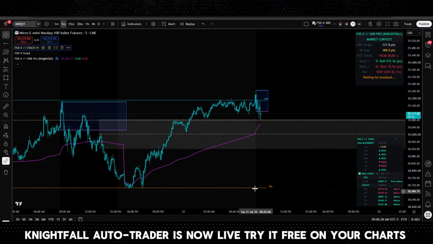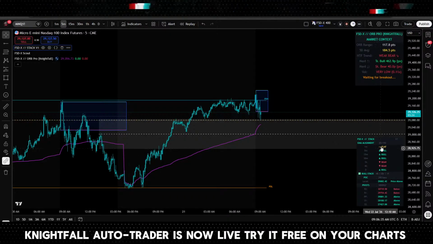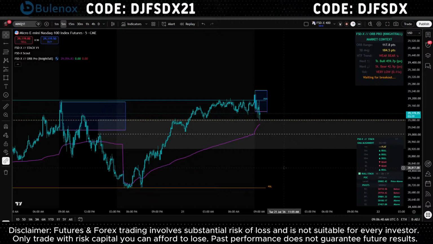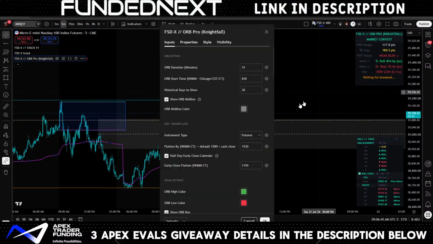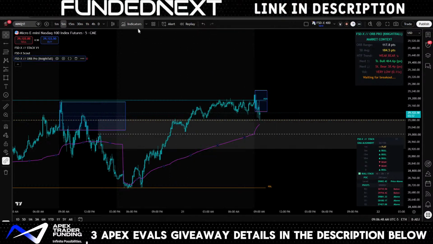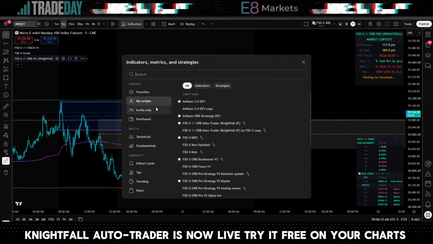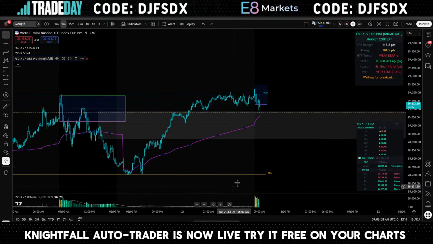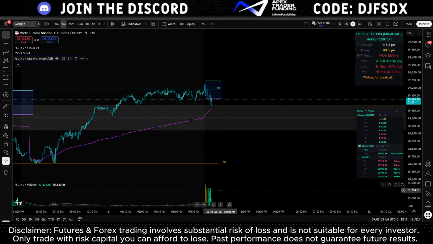Okay, so we do the 150, if we set the indicator to 1 hour, 4 hour, everything, it's majority bullish. Point of control. Volume's pretty good.